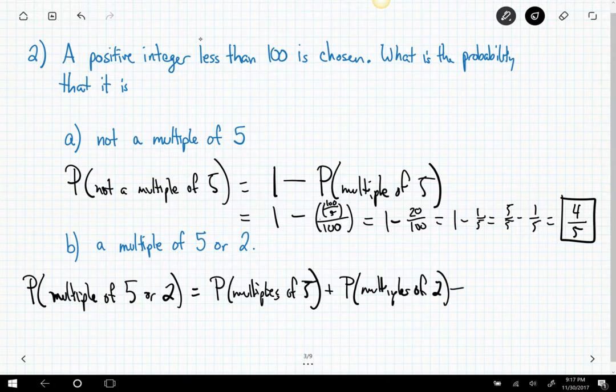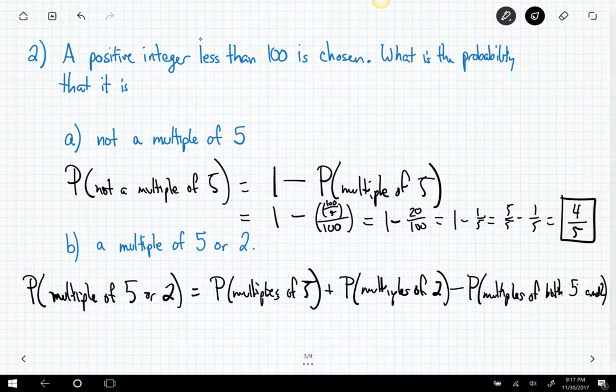But now we have to think of the probability of the multiples of both 5 and 2, because we've counted those twice. We counted them in the multiples of 5 and we counted them in the multiples of 2. So we need to get rid of that double count, and that's why we subtract that intersection out.